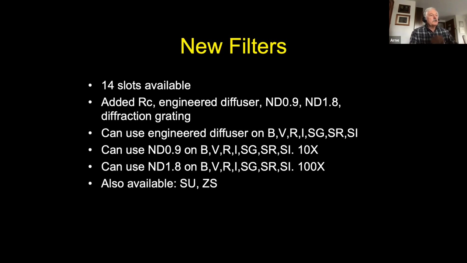And you can use the diffuser and the neutral density filters on any of the filters in the normal filter wheel. So you have 7 filters up there, each of which can be in 4 different options: straight through, engineered diffuser, 2 neutral densities. So there's quite a bit of selection that's available.